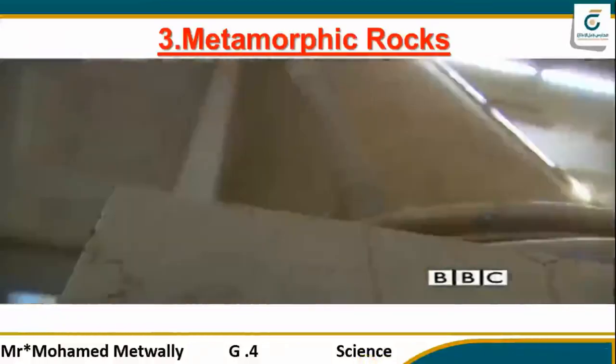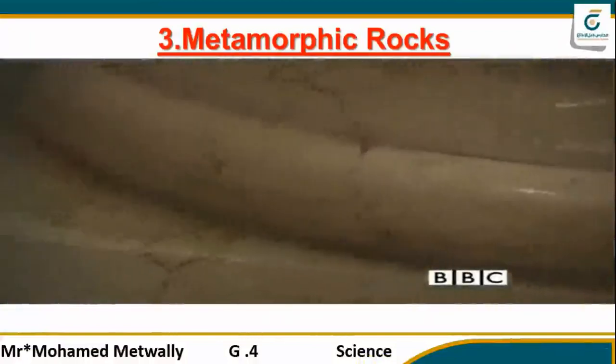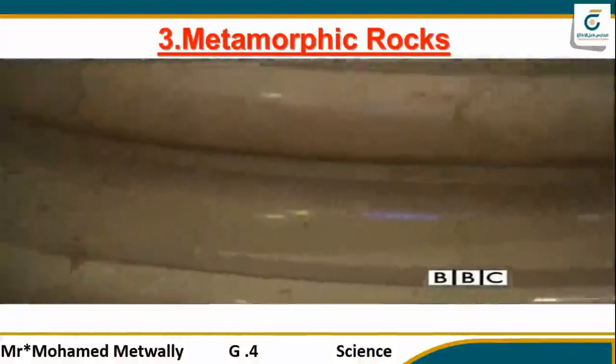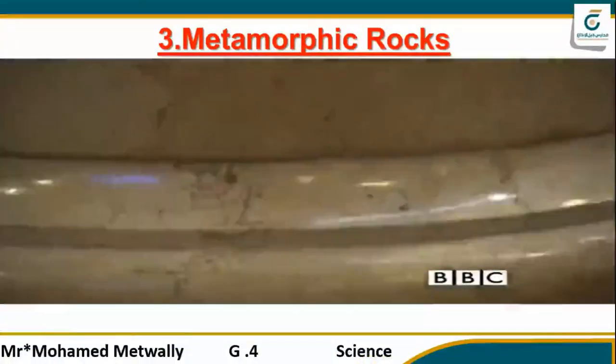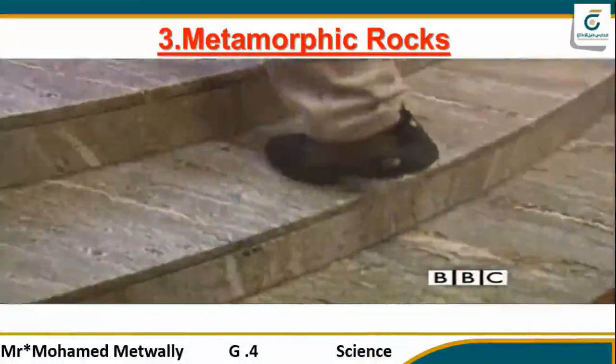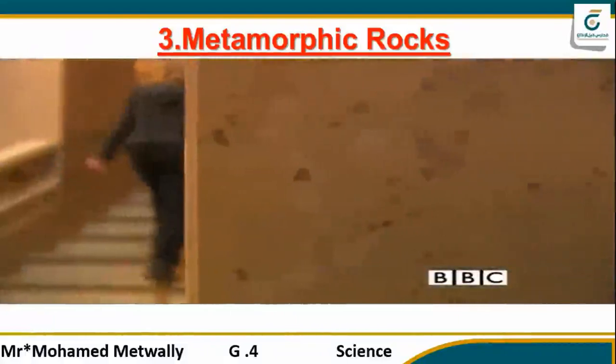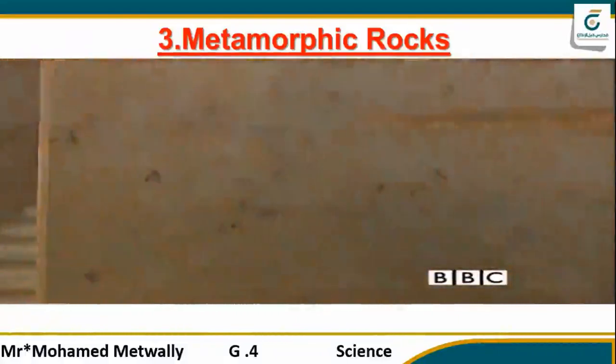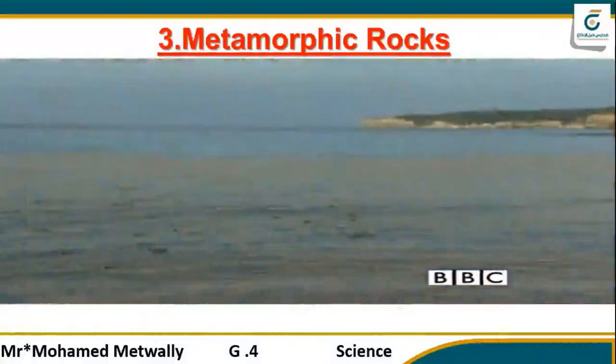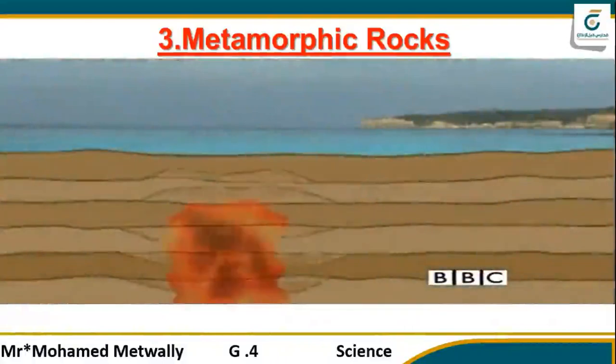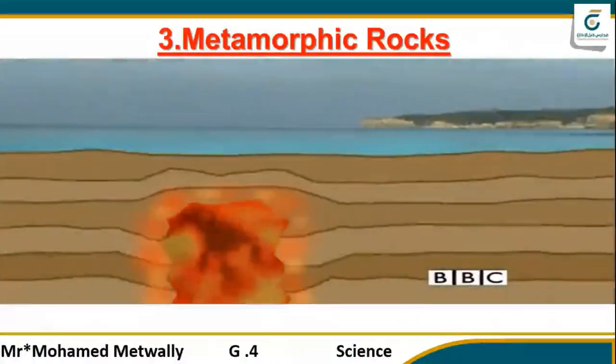This polished marble is an example of the third main type of rock, known as metamorphic rock. The striking patterns and colours created when marble was formed from other rocks make it a popular decorative stone. Metamorphic rocks are formed by the partial melting of rocks deep underground.